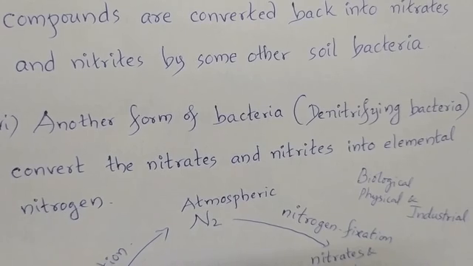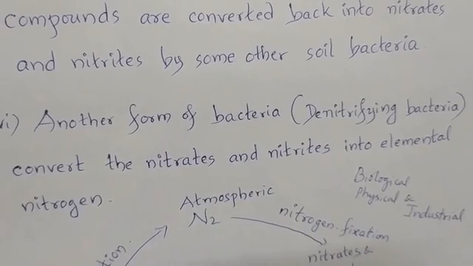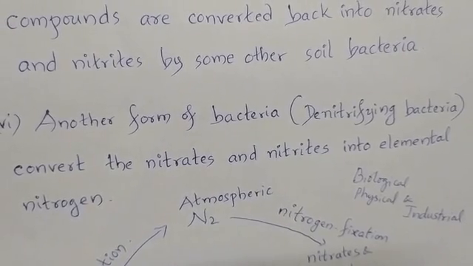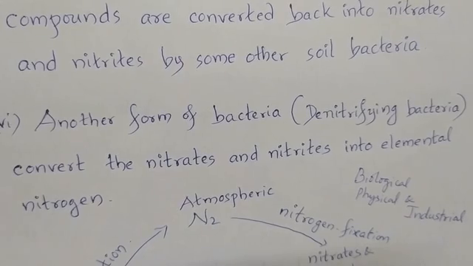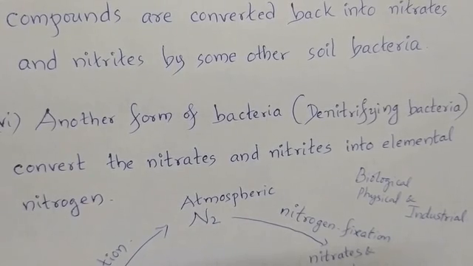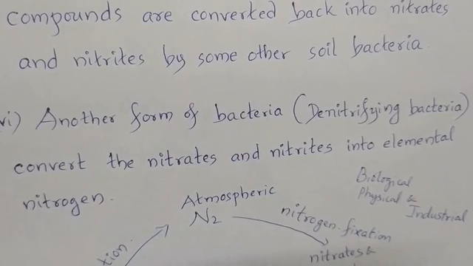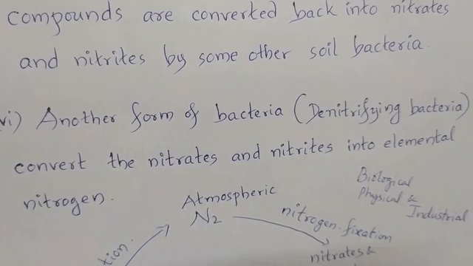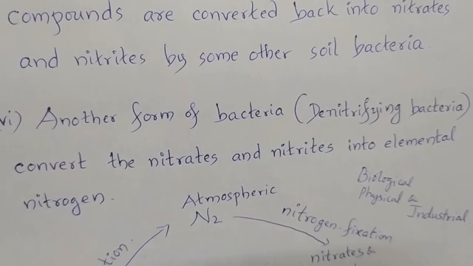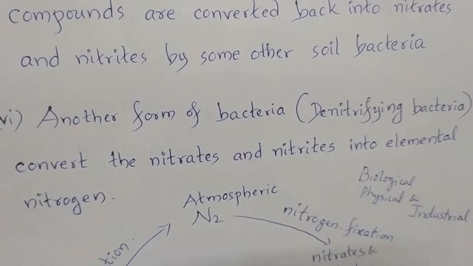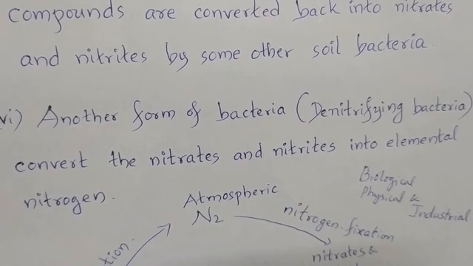Okay. And in the soil there is another form of bacteria known as denitrifying bacteria. These bacteria convert the nitrates and nitrites into elemental form of nitrogen. This conversion of nitrates and nitrites into elemental form of nitrogen is known as denitrification. And these bacteria are known as denitrifying bacteria. Right?